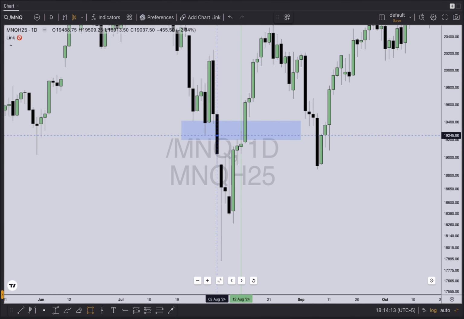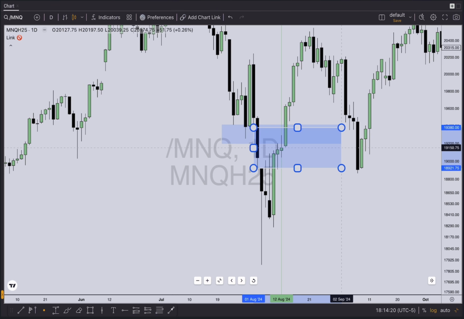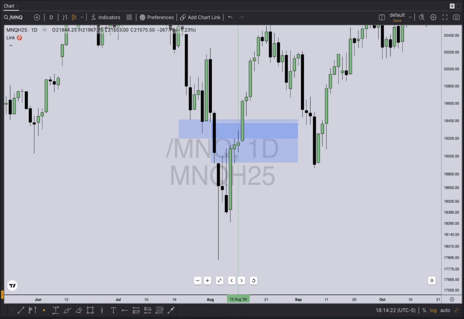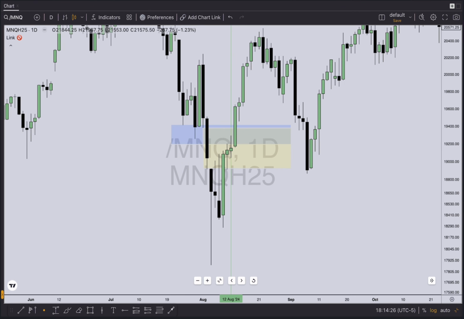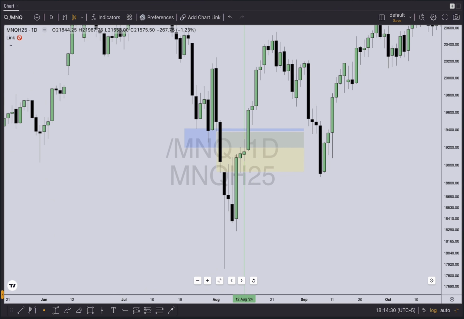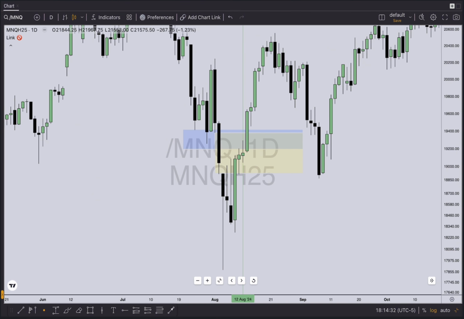We talked about this. So the whole fair value gap, this is the entire fair value gap on the daily chart. So I'm going to outline this in a different color. Let's put it in yellow. Okay, so this is the daily, this is the weekly. Okay, so on the daily chart and the weekly chart, we have a section that is overlapped, right?